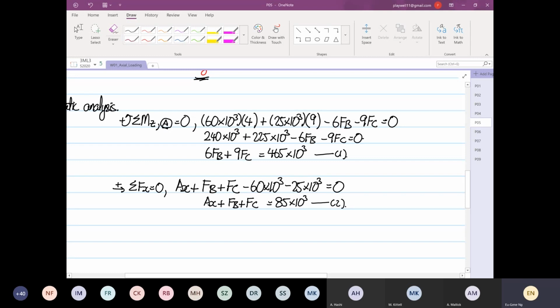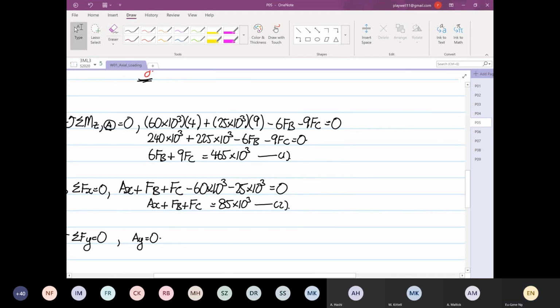So I'm going to do everything for you, okay? So we do summation of forces in the y direction is equal to 0. So we can say down here AY is equal to 0. So now let's consolidate what we have. We have two useful equations.